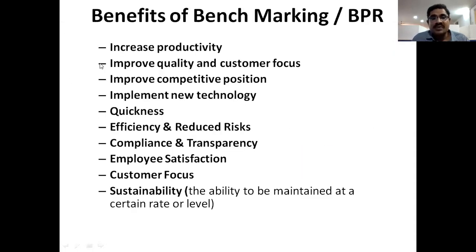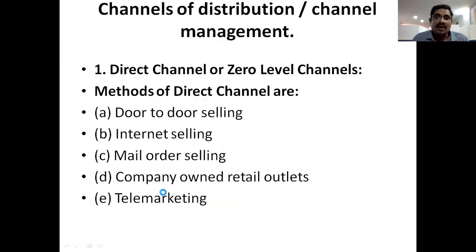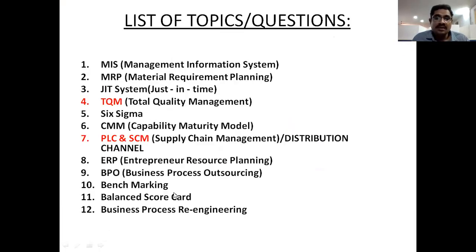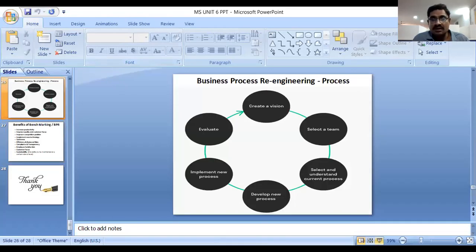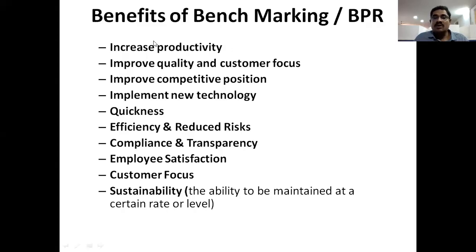And finally, benefits of benchmarking as well as BPR. These benefits are not only for BPR; suppose MIS, MRP, JIT system, TQM, Six Sigma, CMM, SCM, ERP, BPO, benchmarking, balance scorecard, business process reengineering, whatever technique or method it is, these are common benefits to every contemporary issue, each and every method, right?